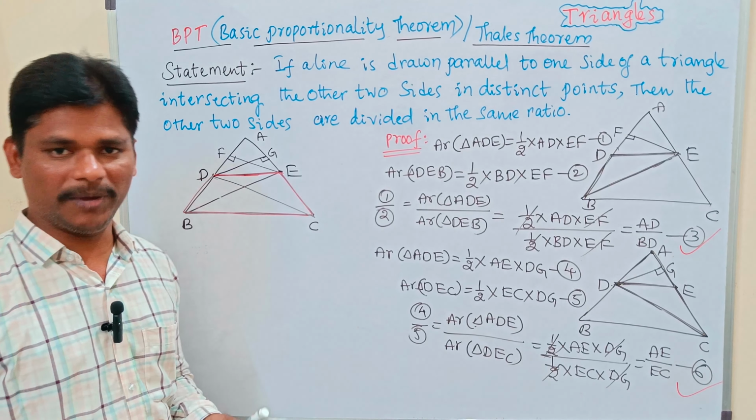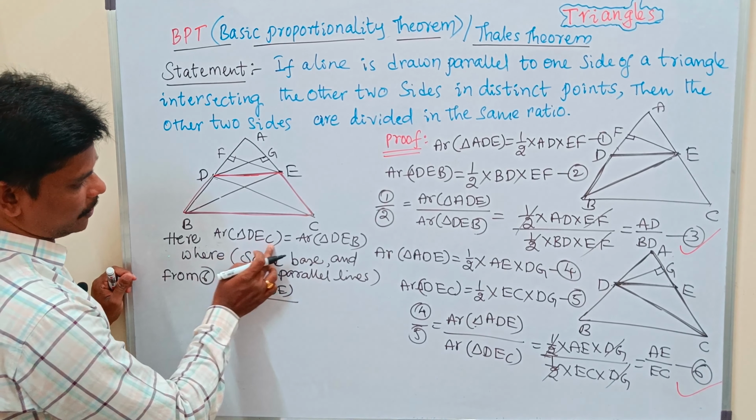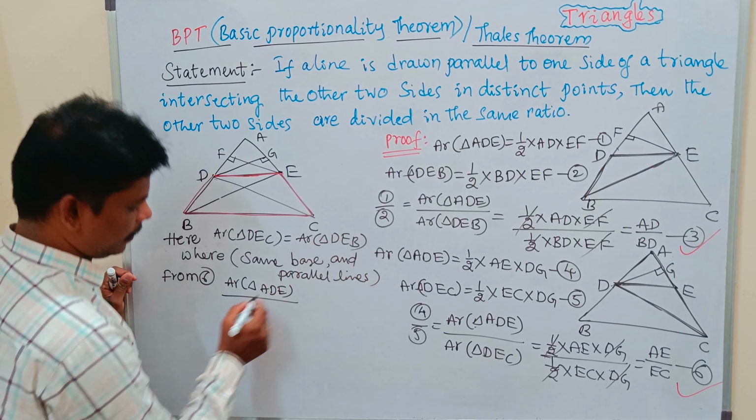So from equation 6, you have to write it like this: area of triangle ADE by area of triangle DEC, I write area of triangle DEB in place of DEC, that is equal to AE by EC. So this is equation 7. Okay.